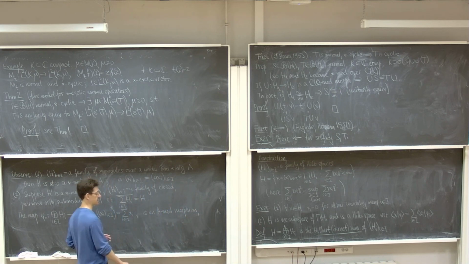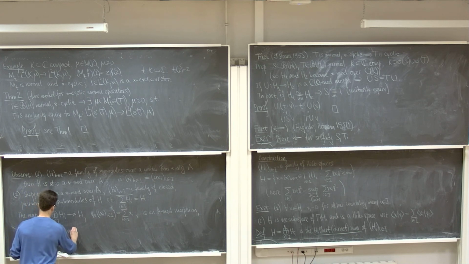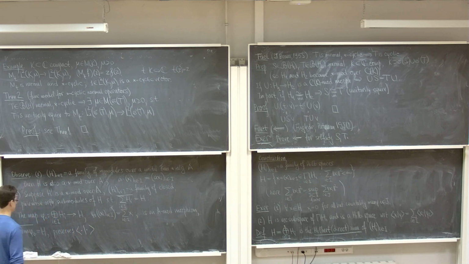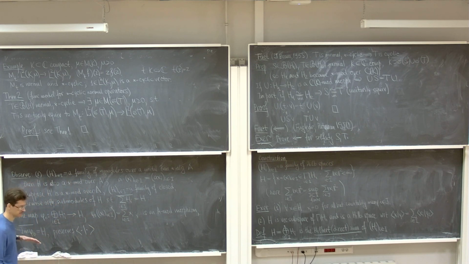Second, its image is dense, because its image is nothing but the closure of the algebraic sum. And finally, phi 0 preserves the inner product. This follows from the assumption that the submodules are pairwise orthogonal.